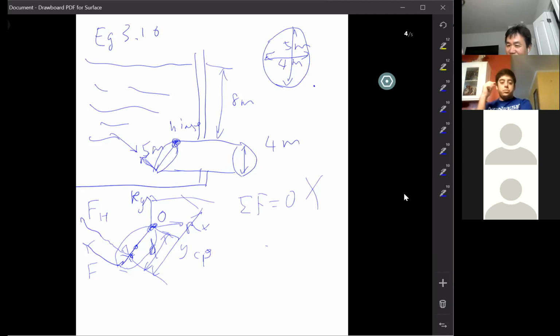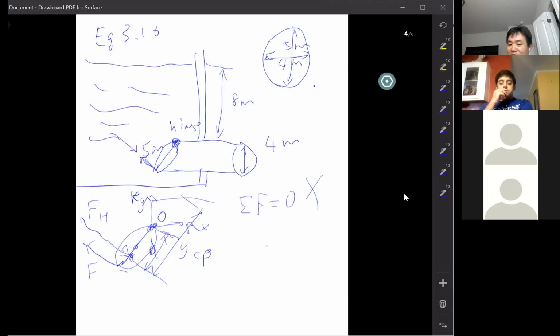To me, it is very, very important for you to understand this for solving static problems. If you see a rotation problem, the door is rotating when you open and close it. For a rotating problem, don't do summation of force equal to 0.